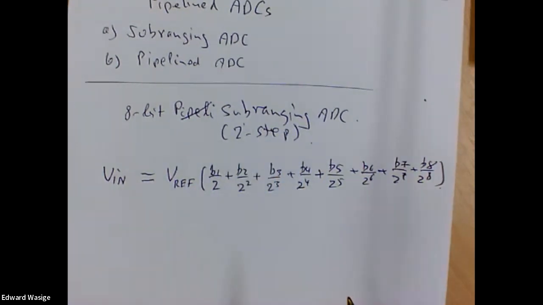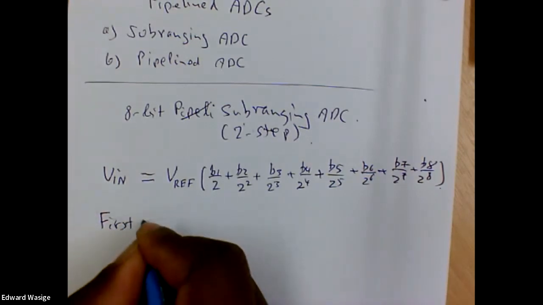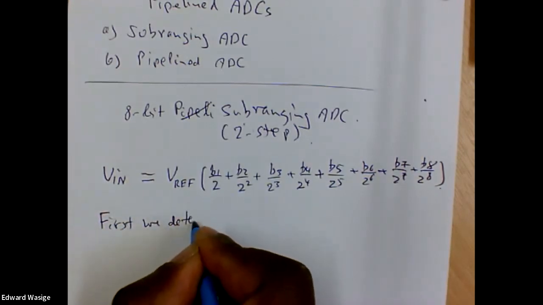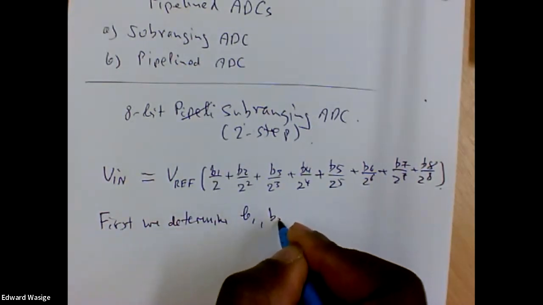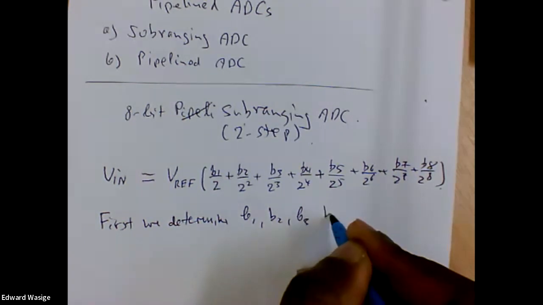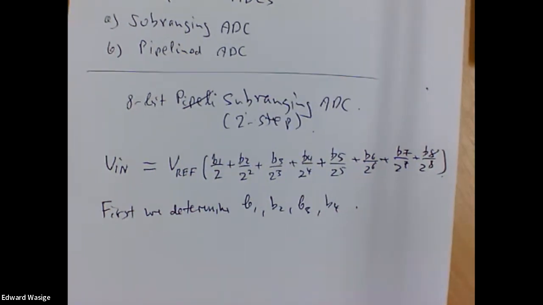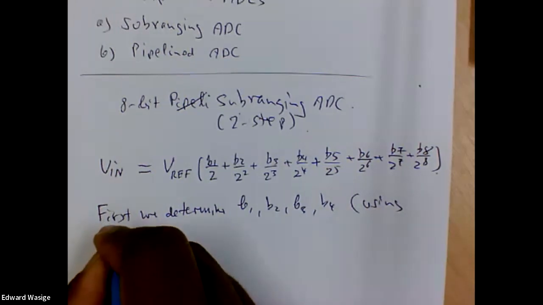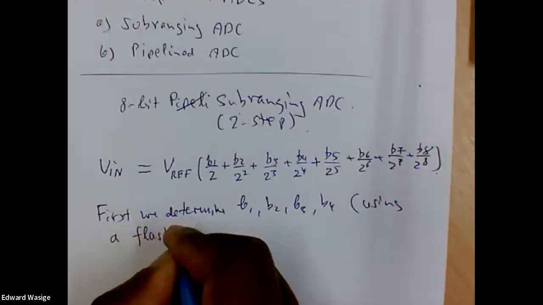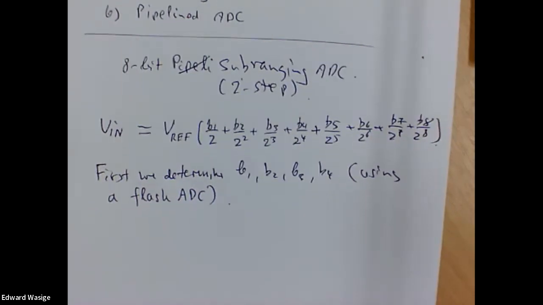In this 2-step ADC, first we determine B1, B2, B3 to B4, using a flash ADC, for example. So we do that in 1 step.